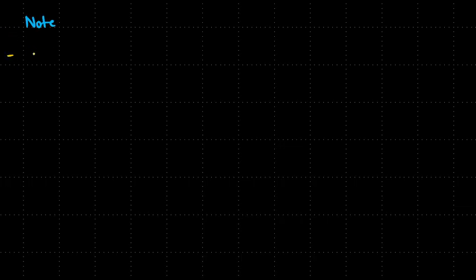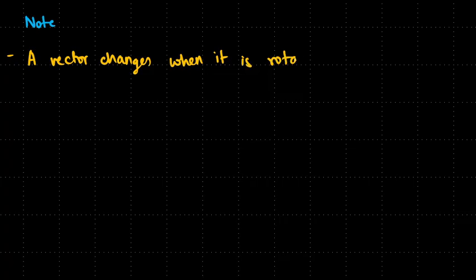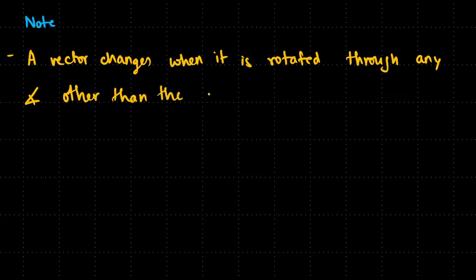So the third note is going to be: a vector changes when it is rotated through any angle other than multiples of 2 pi.